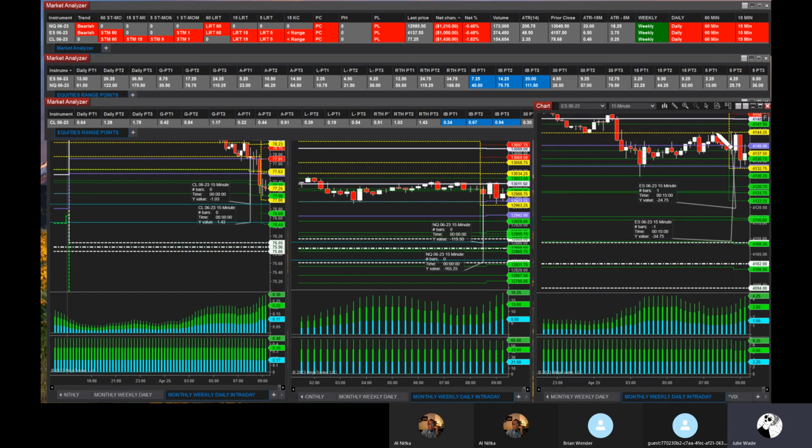So if we go 1250, you can see that's where it basically got stopped right there. So price is being contained inside the PT1 in low volatility. Well, that makes sense.